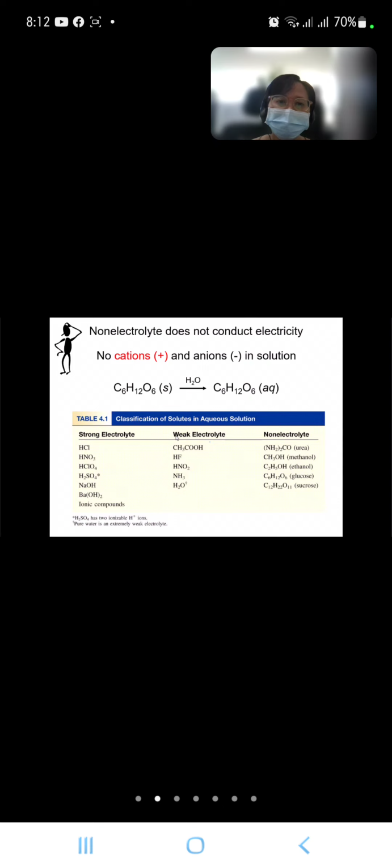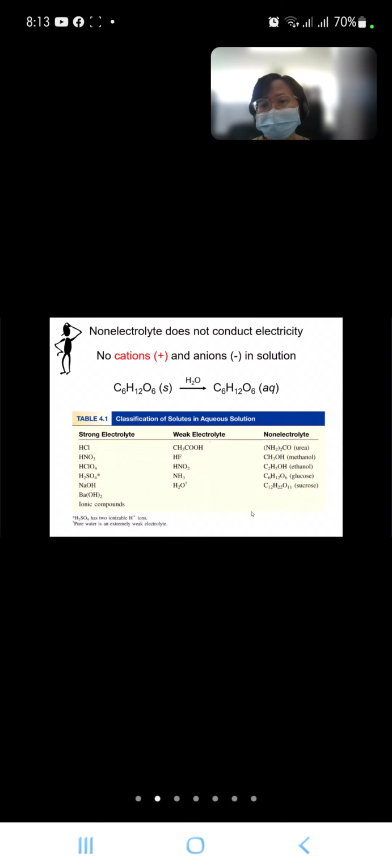For the weak electrolytes, usually they are the weak acids and weak bases. Weak acids such as acetic acid, hydrofluoric acid, nitrous acid. An example of a weak base is ammonia, NH3. And water also is considered a weak electrolyte.